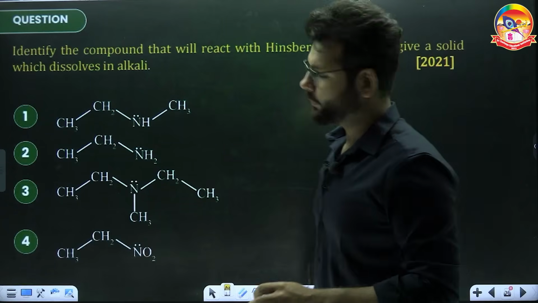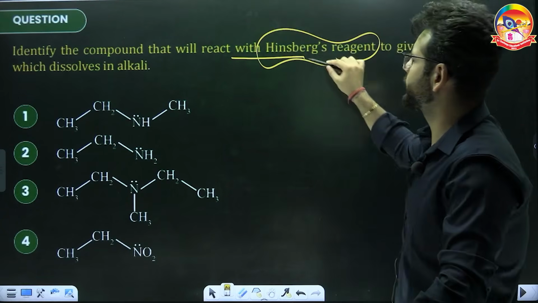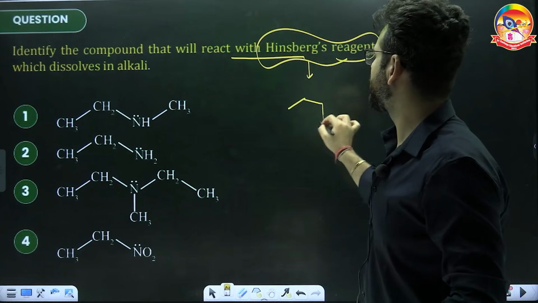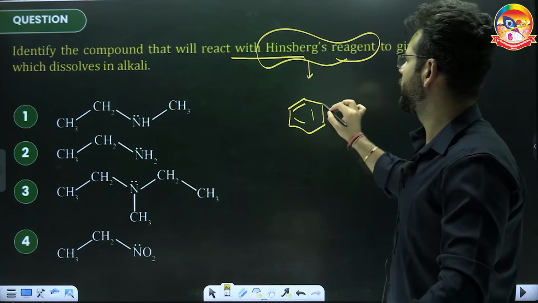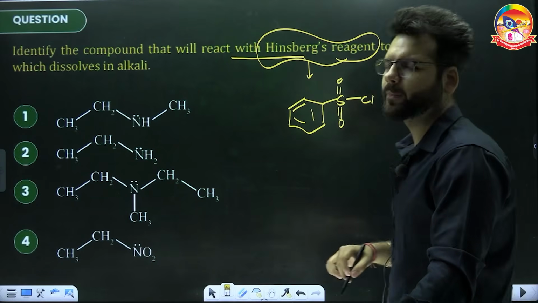Next one. Identify the compound which will react with Hinsberg reagent. What is Hinsberg reagent? It is a reagent used to test for primary, secondary and tertiary amines. This is Hinsberg reagent, benzene sulfonyl chloride.